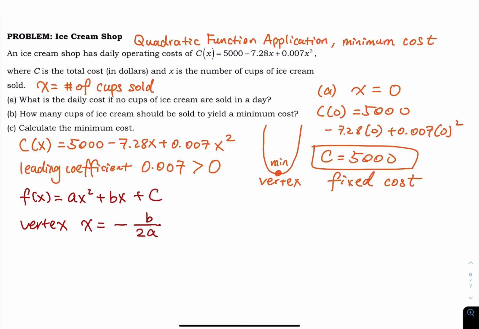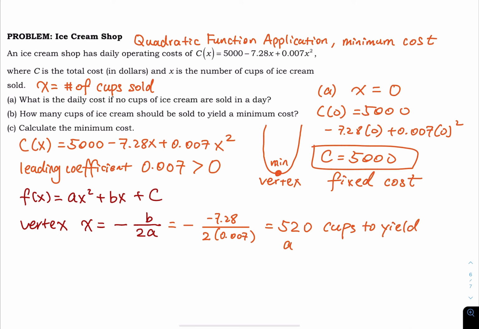Putting this into our problem, we have negative b, where b is negative 7.28, divided by 2 times a, where a is 0.007. You do the calculation, and I get 520 cups to yield a minimum cost.